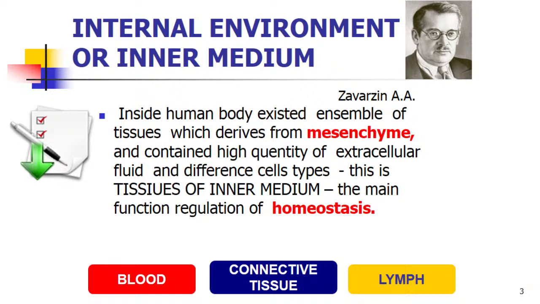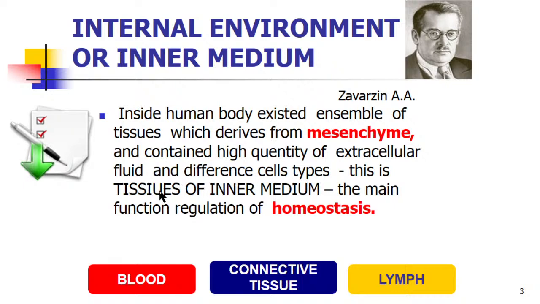The famous Russian scientist Alexei Zavarzin investigated connective tissue, lymph and blood during many years of his life, and as a result he wrote that inside the human body exists a system of tissues which derive from mesenchyme and contain a high quantity of extracellular fluid and different cell types.